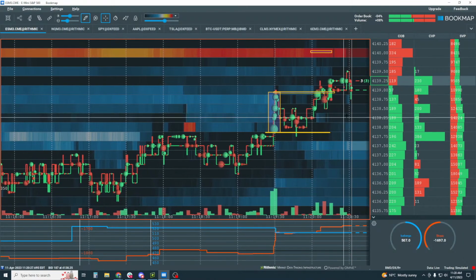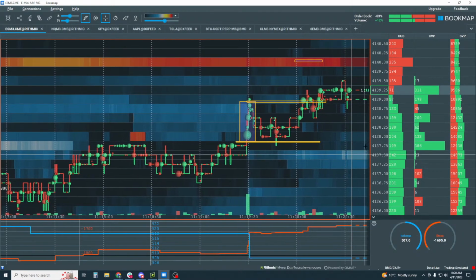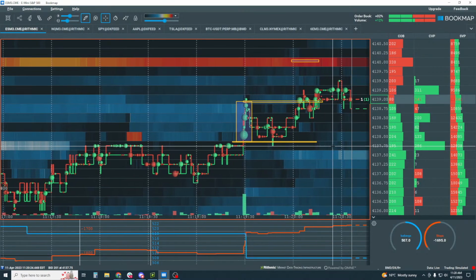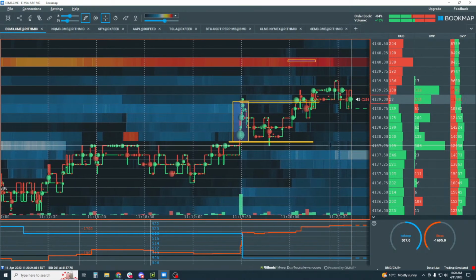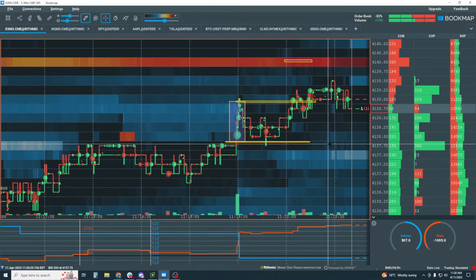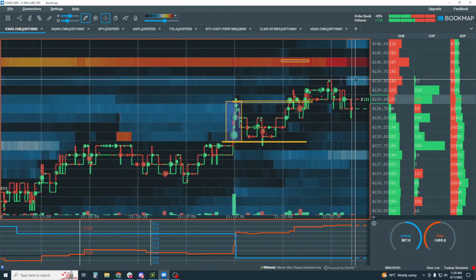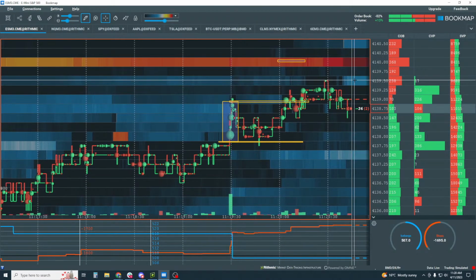And the order book was helping underneath here a little bit. Yeah, now it's looking a little bit less.